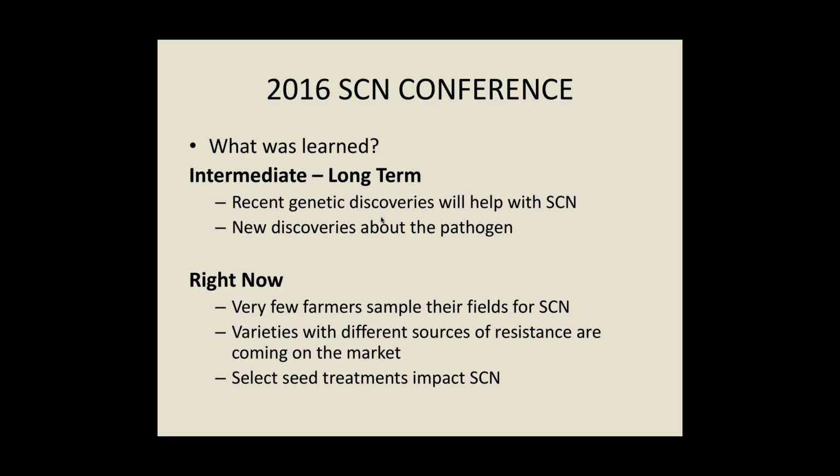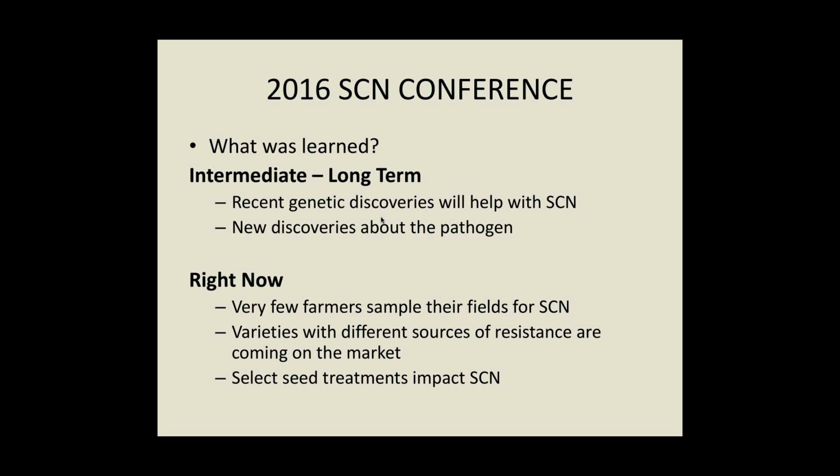All of them are testing a lot of these varieties with Peking resistance and other sources of resistance, but we didn't ever see them make it to the brochure, and only now are we starting to see that. So they've been able to take away a lot of the yield drag that was associated with those other sources of resistance to make Peking resistance not only better than PI 88788 resistance in these infested fields, but also over broad acres where maybe the populations aren't as high.